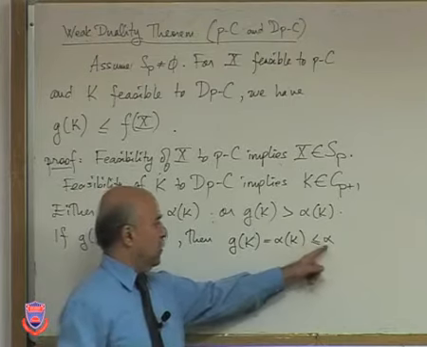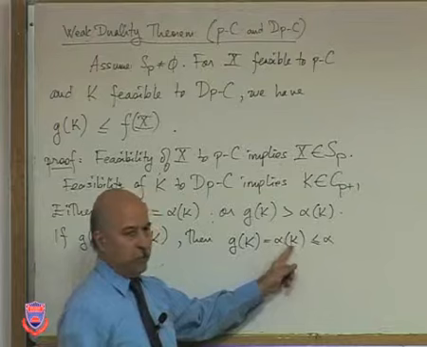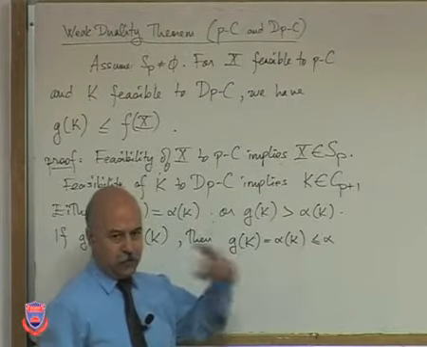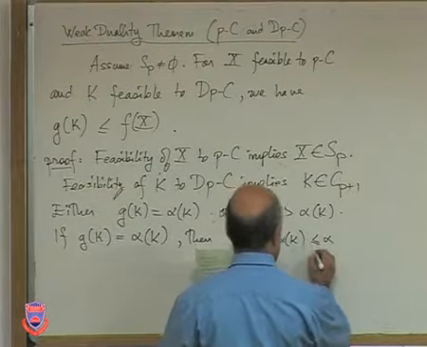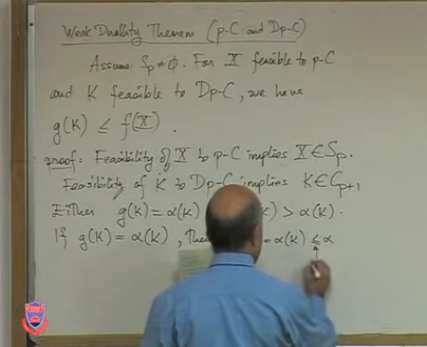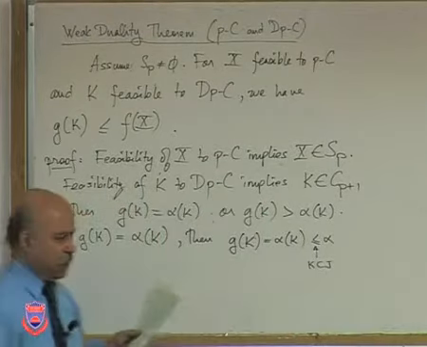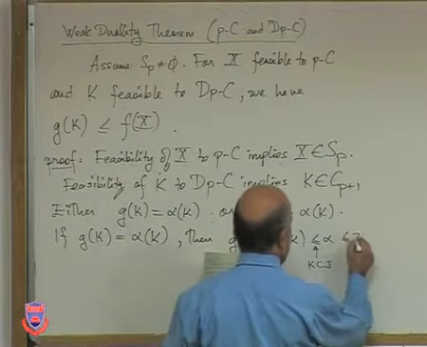For that reason, the maximum of the smaller set will be bounded above by the maximum of the larger set. So that one is due to K being a subset of J. That's the reason.